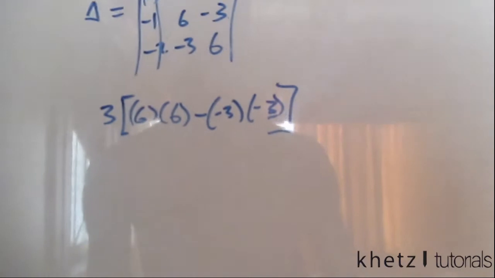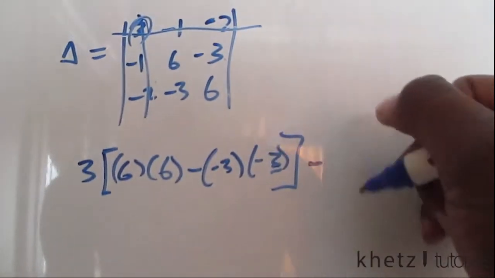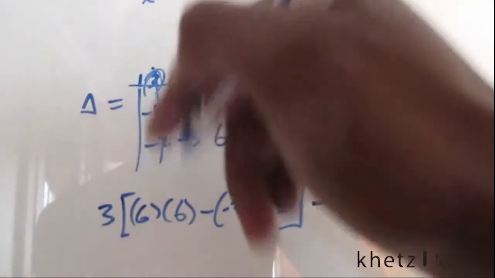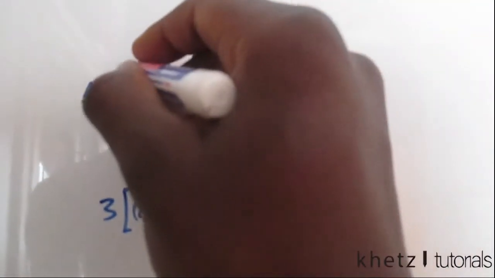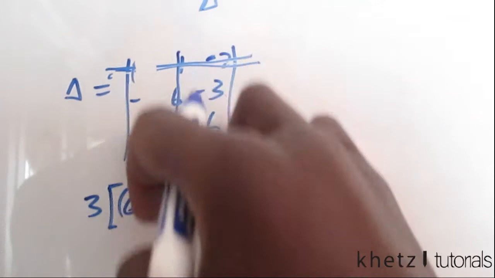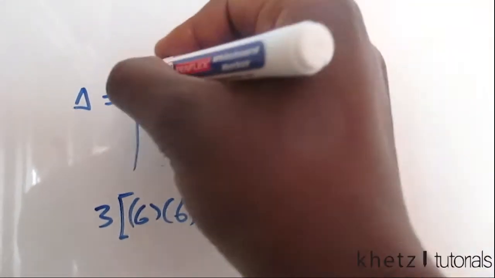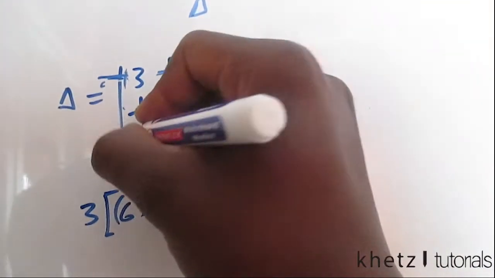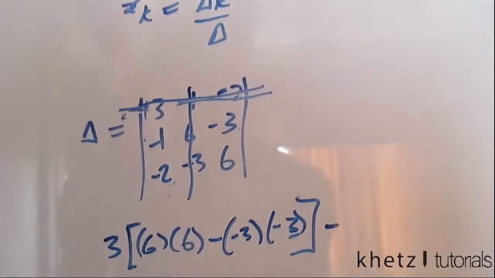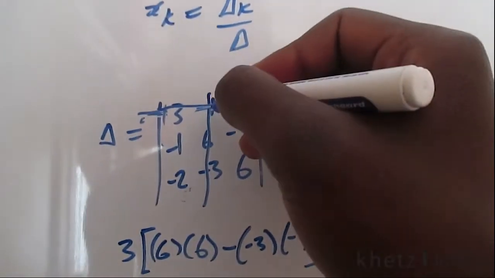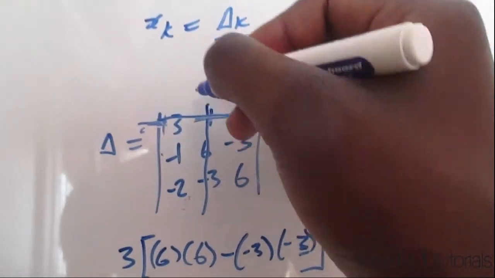And now for the next term, you say negative, and you cross out the next part of the same matrix. You're going to cross out there and there, right? So you're going to have 3, -1, -2. Now, after crossing this out, at the point of intersection, you have negative 1.